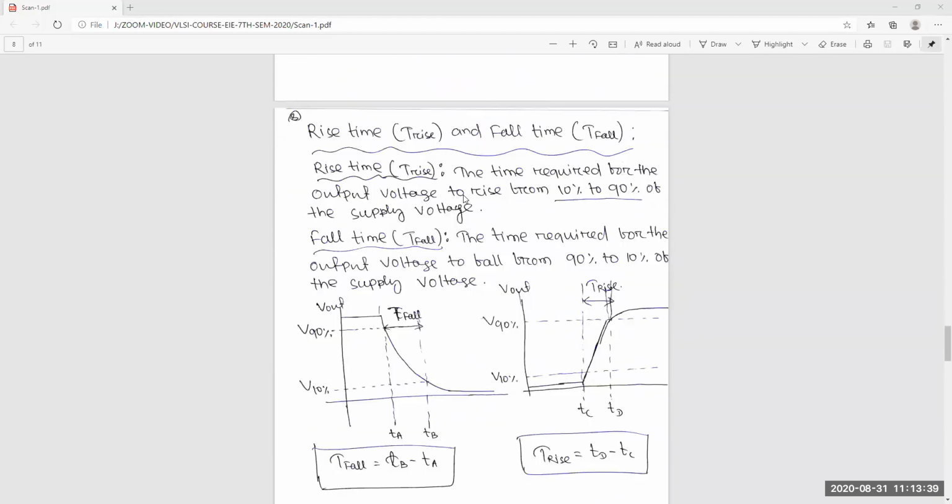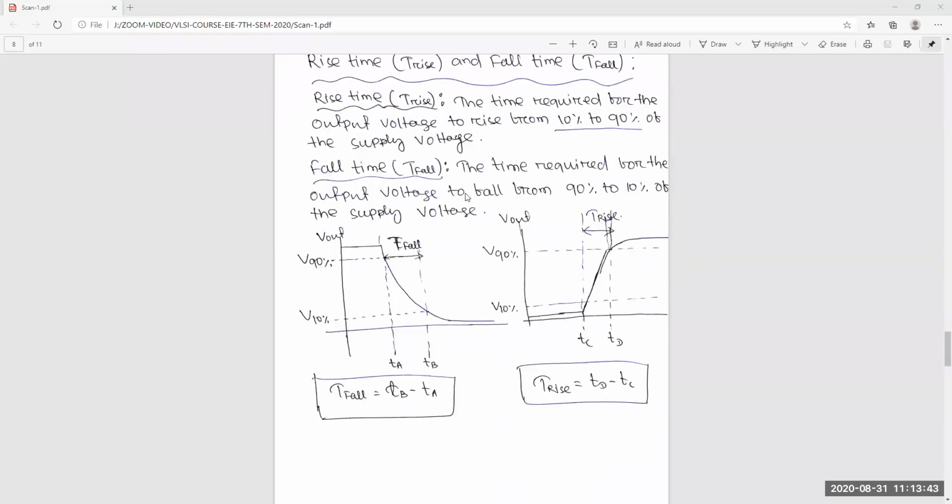And the next thing is the rise time and fall time. So here the rise time is the time from 10% to 90% of the supply voltage. It means the capacitor will charge the output. We measure the time when the output voltage goes from 10% to 90%.